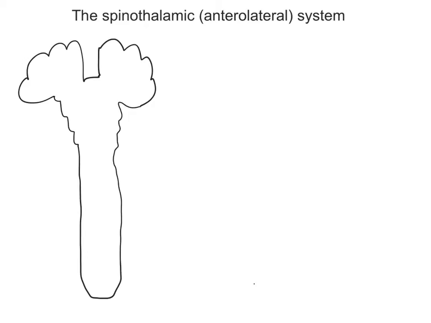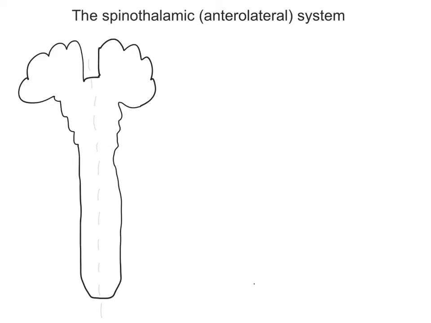Okay, and what we're going to do is, of course, put on our midline, because the midline is important when we're considering neuroanatomy of pathways, especially when those pathways are known to decussate, which the sensory system, of course, is known to do. So there is our outline of the central nervous system.